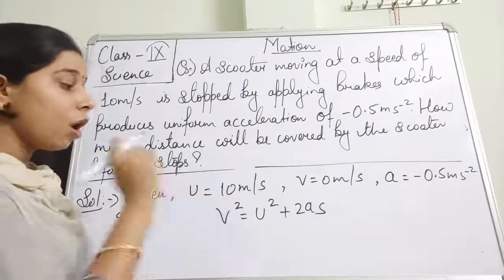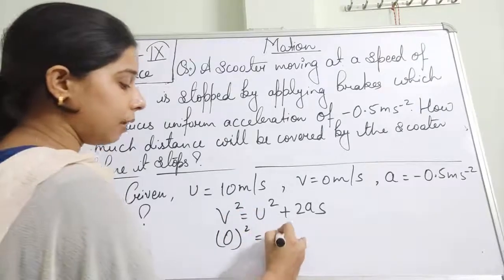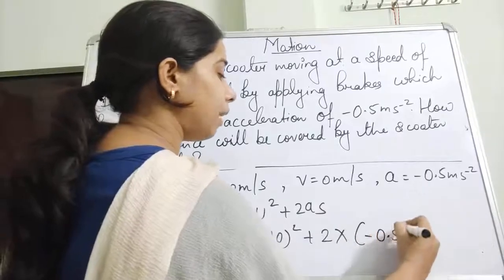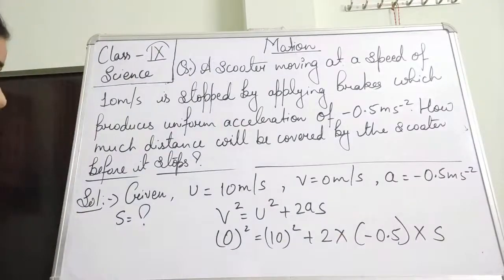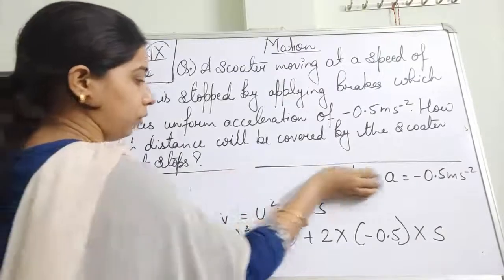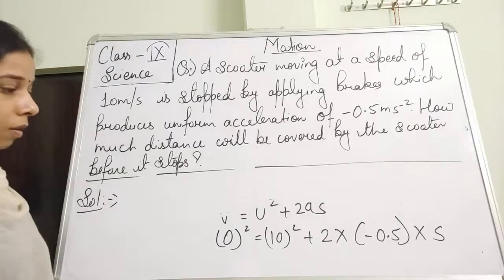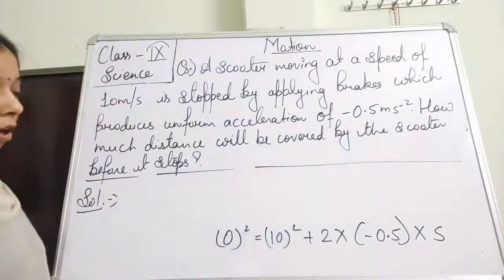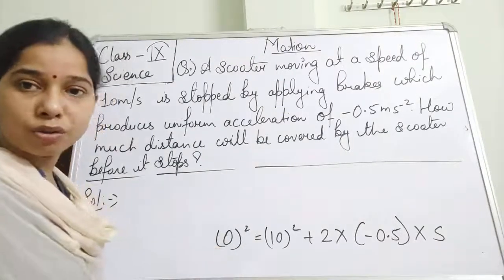Putting the values, it will be 0 the whole square, U is 10 the whole square, plus 2 into minus 0.5 into S. Now see here, I am grabbing the formula also. Now this we got from the third equation of motion, students.